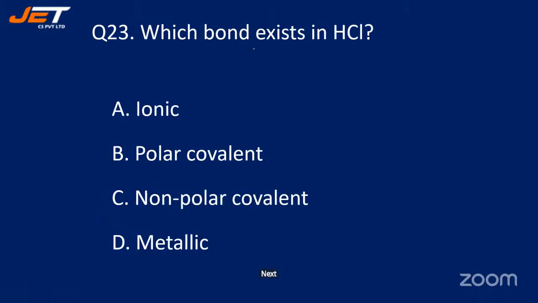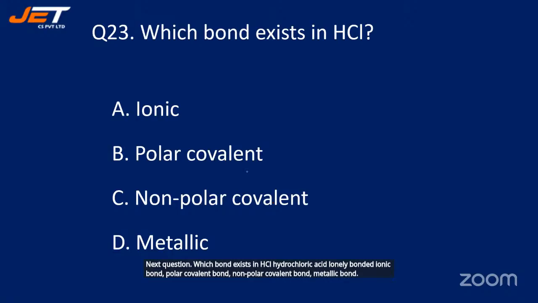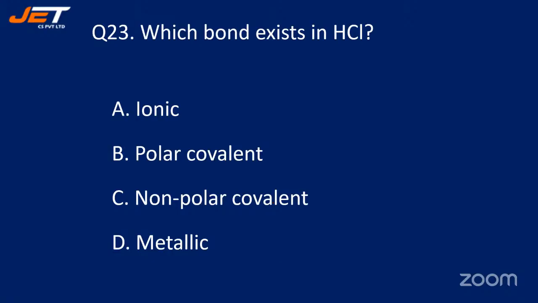Next question. Which bond exists in HCl? What is the bond in hydrochloric acid? Ionic bond, polar covalent bond, non-polar covalent bond, metallic bond. Rahul has mentioned it as option D. Pranita, option B. Any more answers?